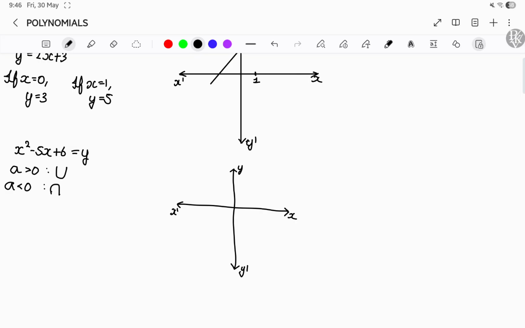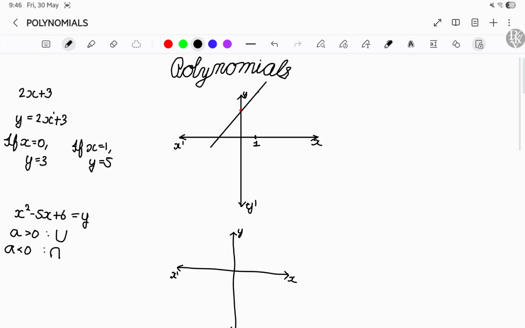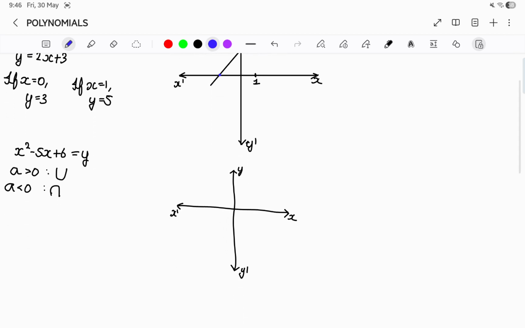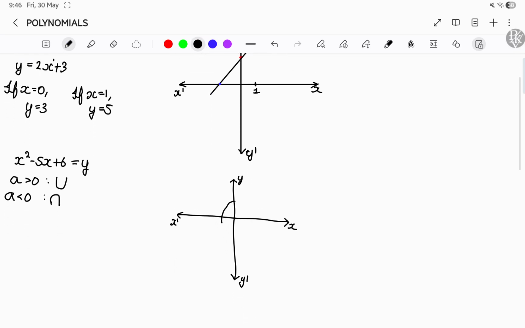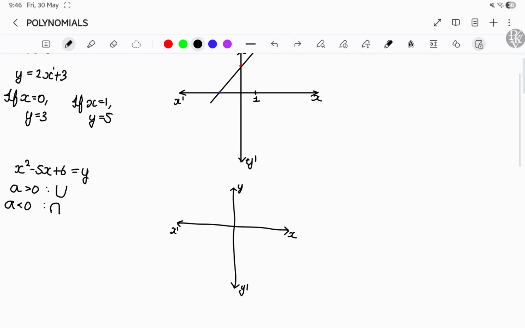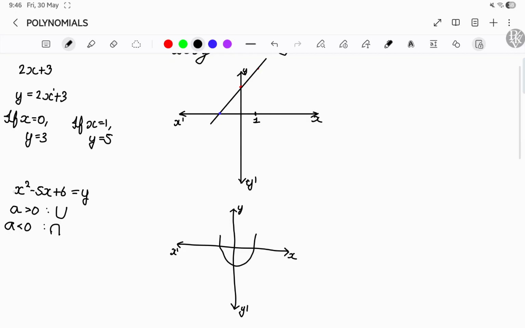Now, what exactly are zeros? The point where the graph crosses the x-axis, that will be the zero of the polynomial. So for our example of the parabola, there are two places. No, the parabola is wrong. The parabola looks like this, because the coefficient of x square is positive.